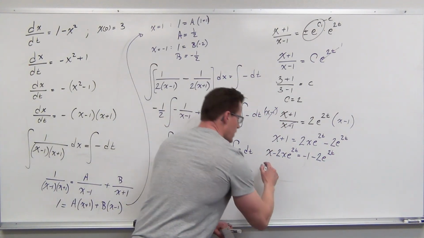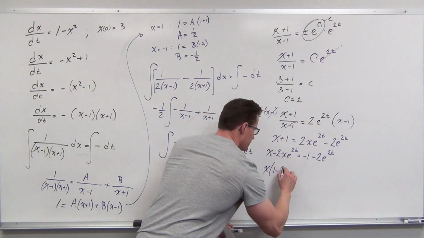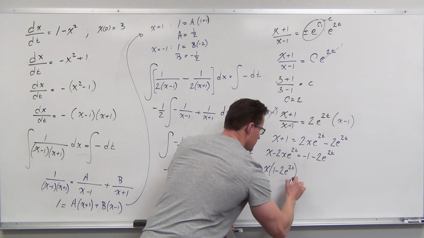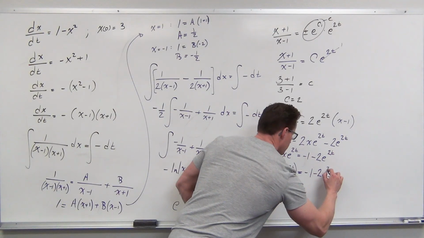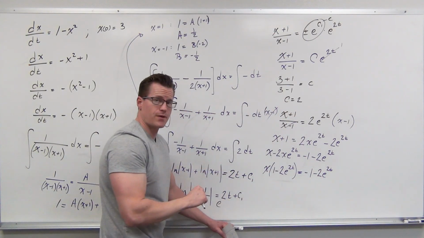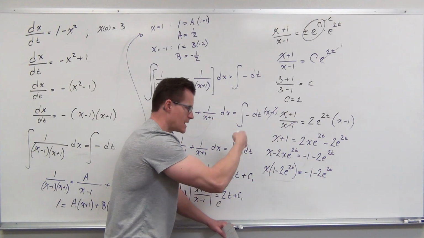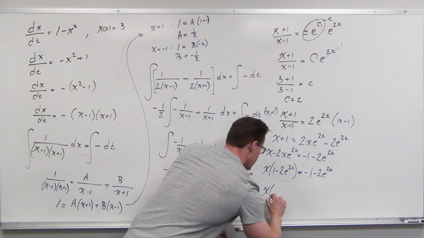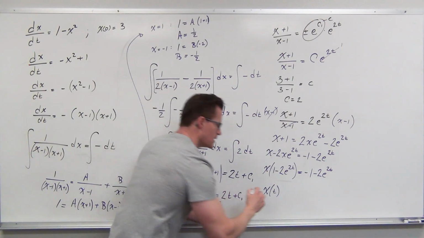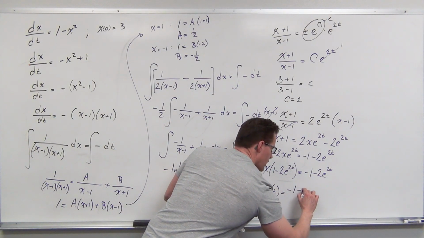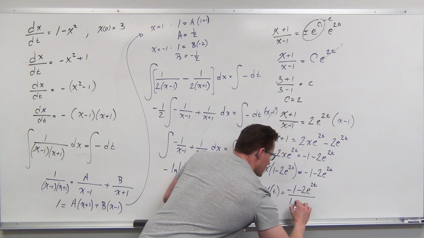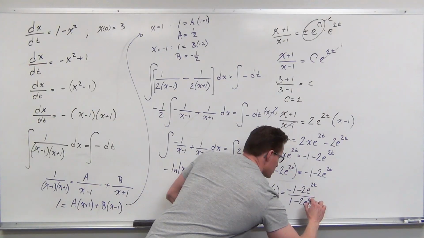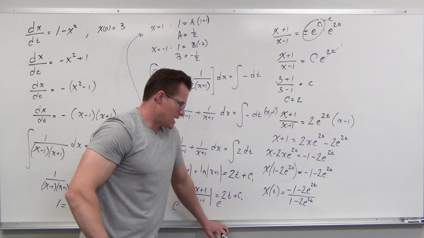We're going to factor our x. And now since we group our x terms, we can factor the x, and now we divide. So x as a function of t equals negative 1 minus 2e to the positive 2t over 1 minus 2e to the positive 2t. That's a lot of negatives.